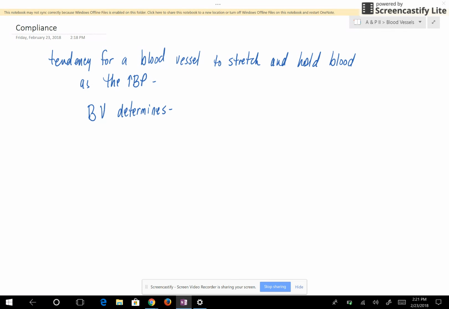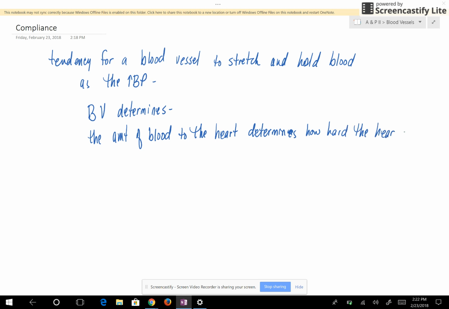So another way to say that in this case is the amount of blood going to the heart determines how hard the heart is going to beat, or how hard the heart will contract.